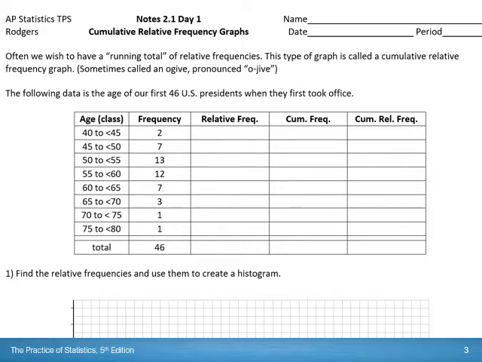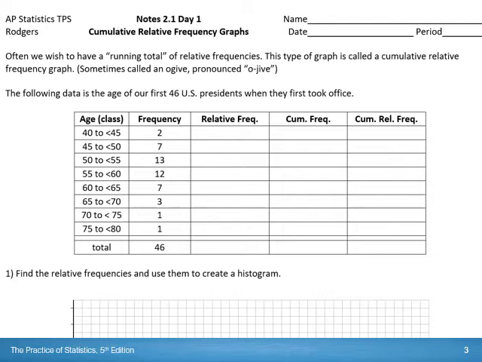All right, so here's this first handout. It really looks more like a worksheet rather than a PowerPoint slide note handout. So what we're looking at is the data for the ages at presidents' inaugurations. So we've had 46 different presidents.